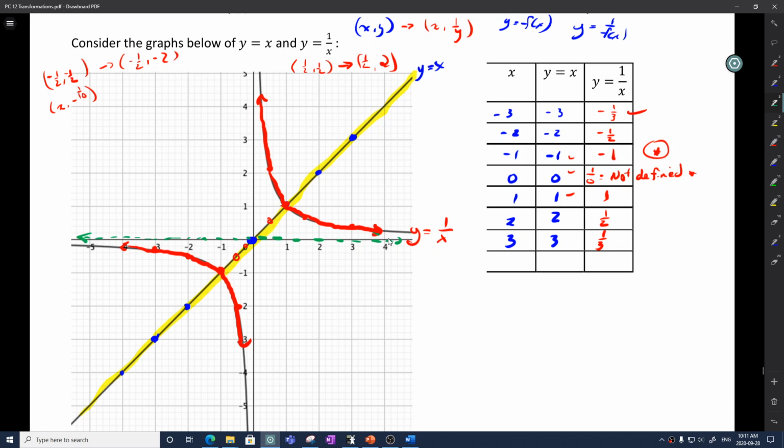What is the equation of this green line? y is equal to 0. In other words, to put it in math speak, as x went to negative infinity, or as x got really large but positive, my y values went to 0.